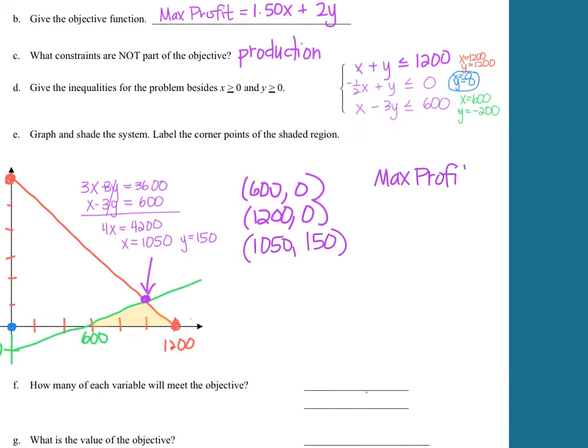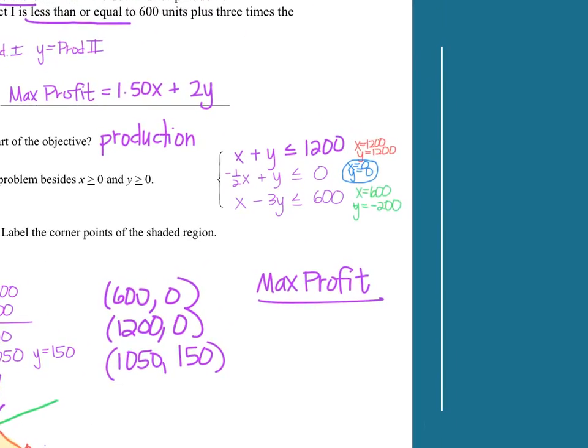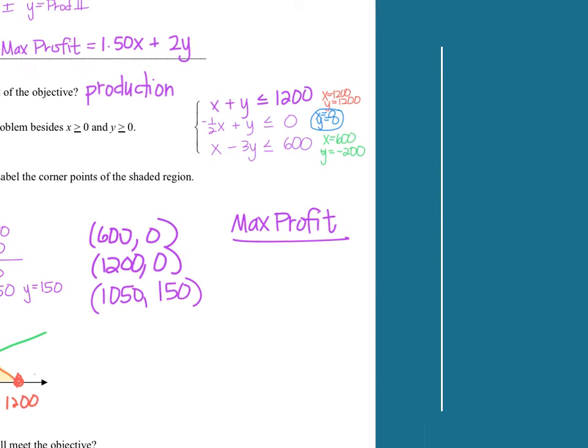And I'll look back at what my max profit objective function was, and it was $1.50 for every x and $2 for every y. So that would be 600. Well, let's do $1.50 first. $1.50 times 600 plus $2 times 0.